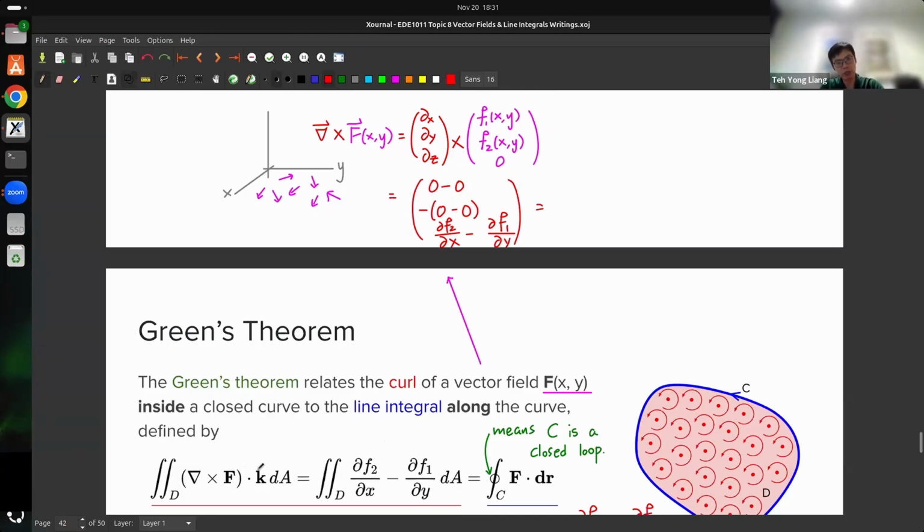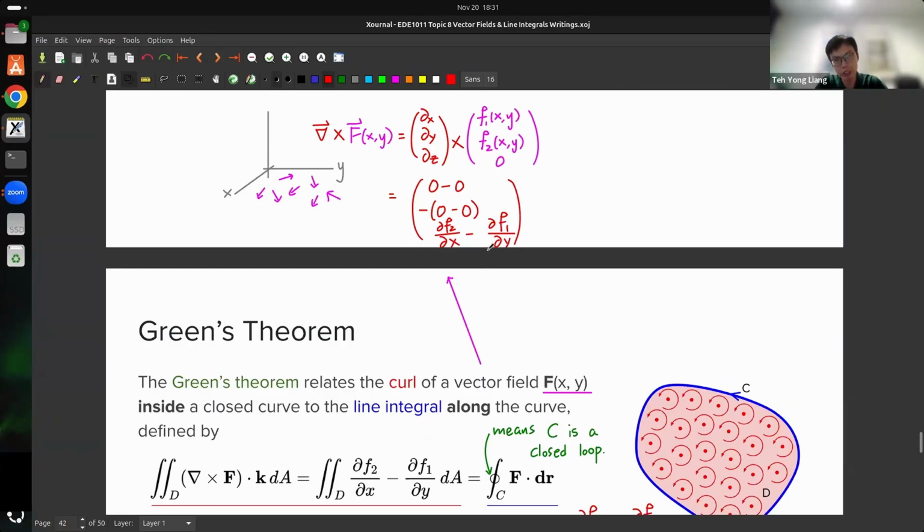You see, because you dot k. Why is it that you dot k? The reason is that you want the so-called curl magnitude. You can say it's something like a magnitude of the curl. So you want to know how much the magnitude of the rotational effect is, without considering the direction.